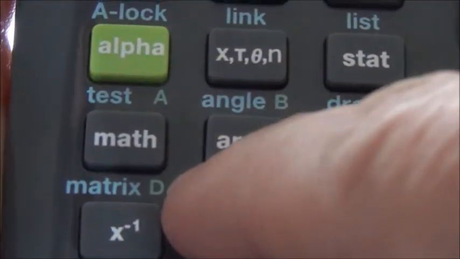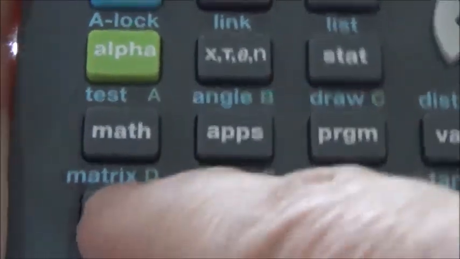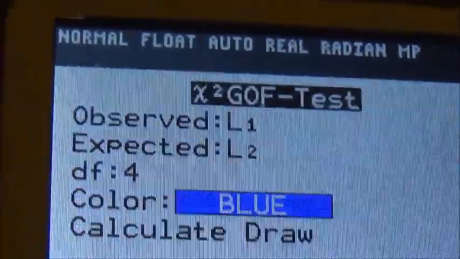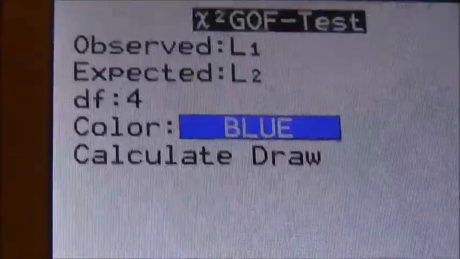So if I want to jump down to D quickly, I hit alpha, I hit x to the negative 1 to jump down to D, and you can see that my calculator screen changed and went right to the chi-squared goodness of fit test. So you can either cursor down and enter, or alpha D will jump down to that test.